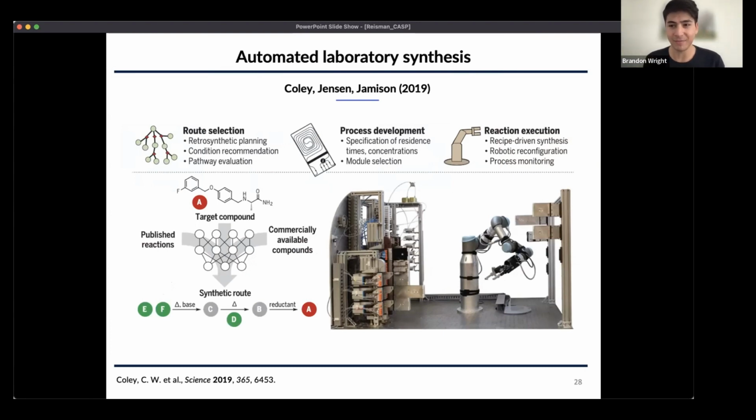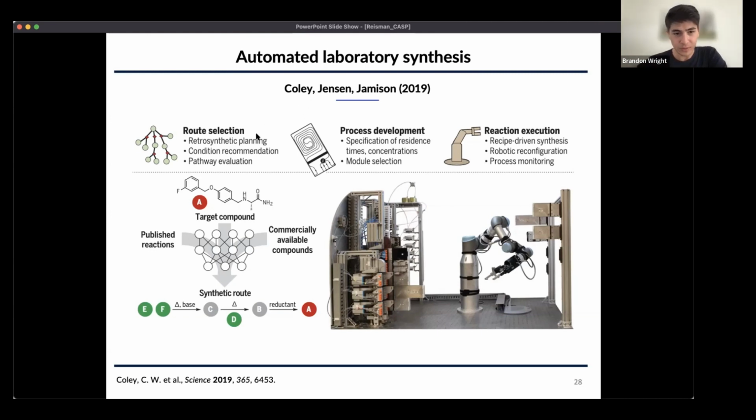So I want to highlight this really fascinating paper. It came out in Science a couple of years ago from Connor Coley and Klavs Jensen and Tim Jamison, who you might know. They did a collaboration where they married the ASKCOS retrosynthesis planning program with microfluidics and robotics to automate end-to-end the whole reaction planning, generation of routes and execution workflow.